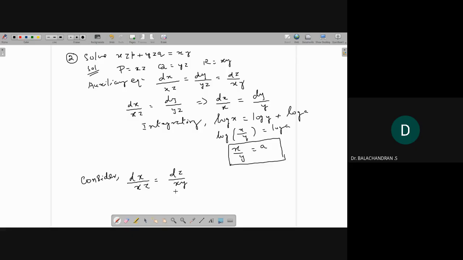After cancelling x and x, cross multiply: y dx is equal to z dz.